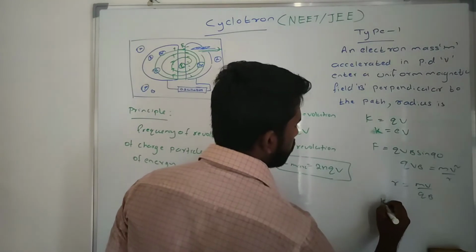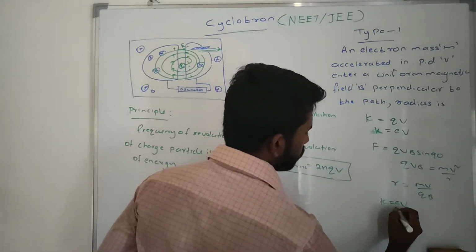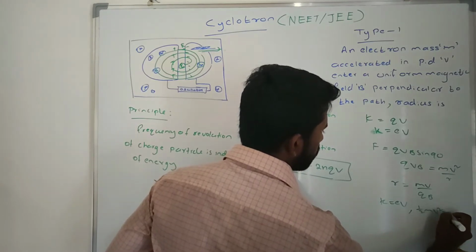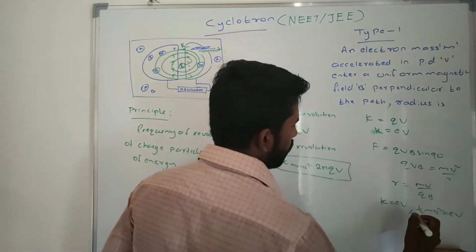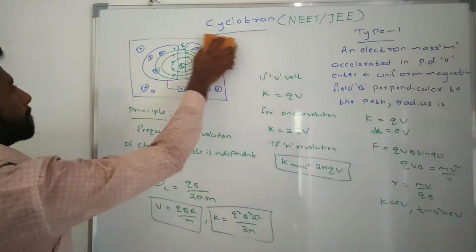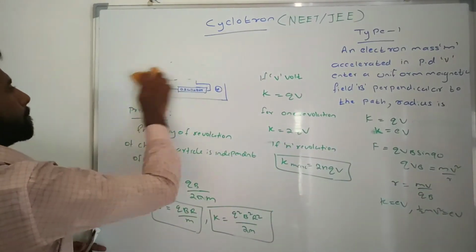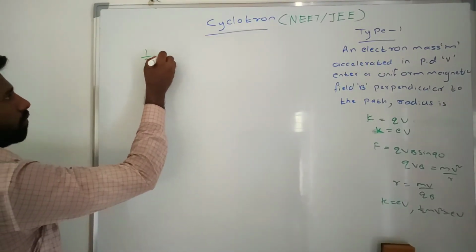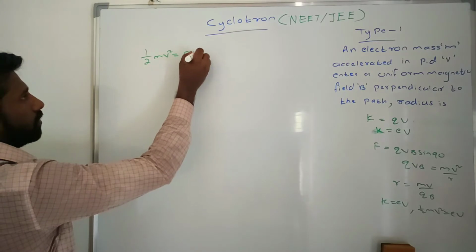Sorry, I am writing here. K is equal to eV, that is half m v square is equal to eV. Okay, multiply and divide by m. What will you get? You will get half into m into v square is equal to eV.